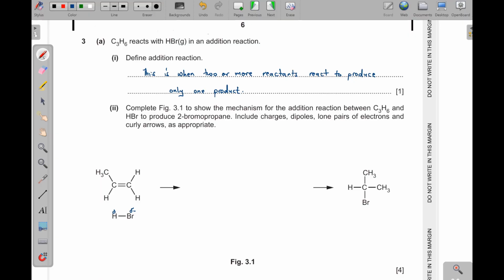Then this one becomes partially what? Positively charged. And as this one draws closer to this electron density here in this pi system, this one has gotten electrons. So the pi density here is intense. So that means that we are going to have this one is negatively charged. So it will be attracted to the what? To the positively charged.